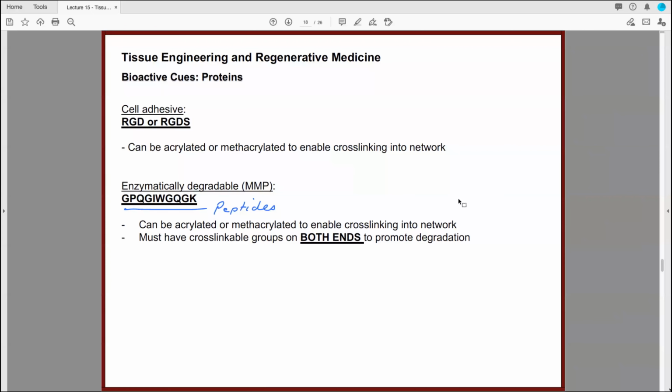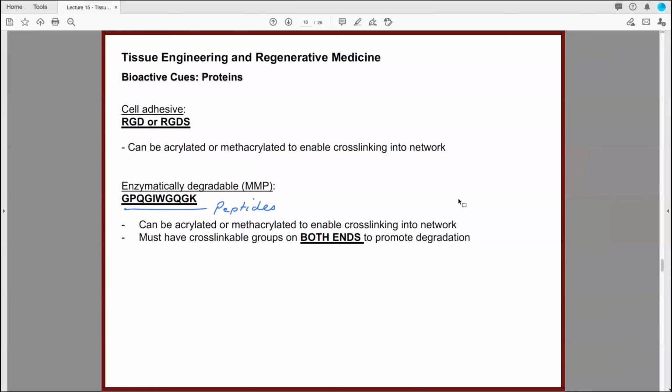And then we can also have these enzymatically degradable peptides in there. So this is an example of a short peptide there. They're degradable by those metalloproteinases, and you can incorporate them again by acrylating or methacrylating in order to provide cross-linking into a network.